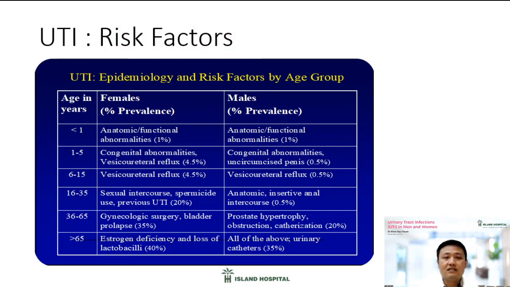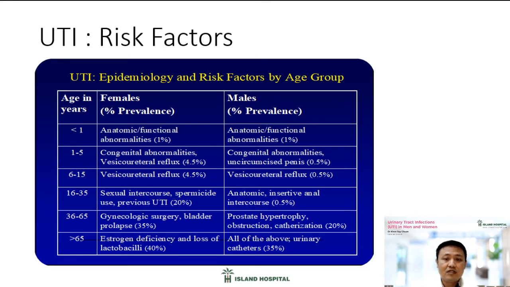Now these are the charts that I put up here. If you look at this, you can see the risk for males and females. Basically in young women the commonest cause is still related to sexual activities, whereas in men above 50 years old, the commonest cause is related to urinary tract outflow obstruction.